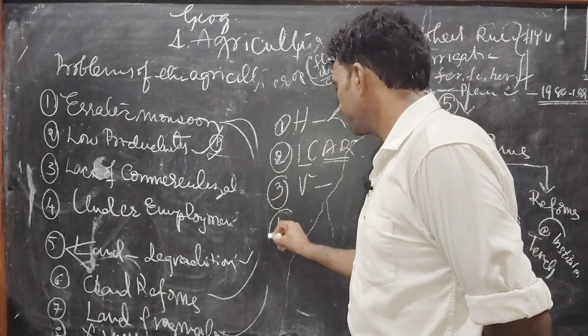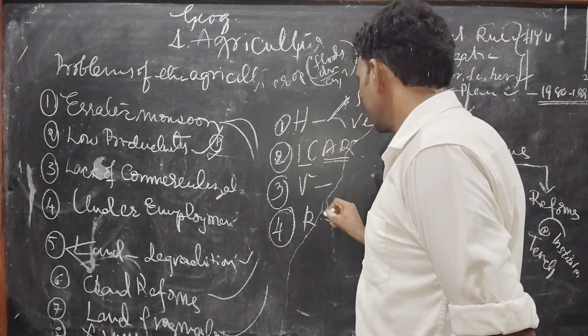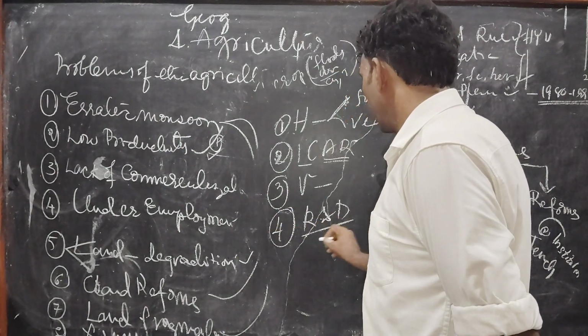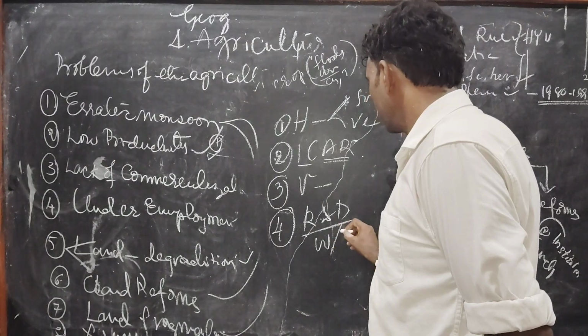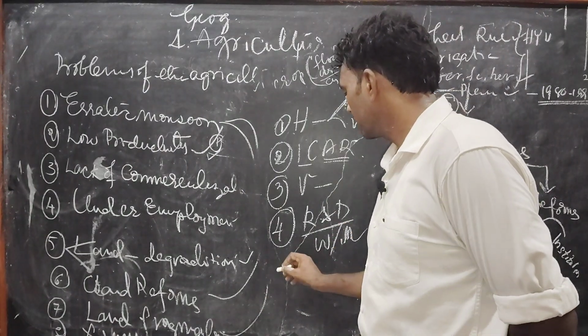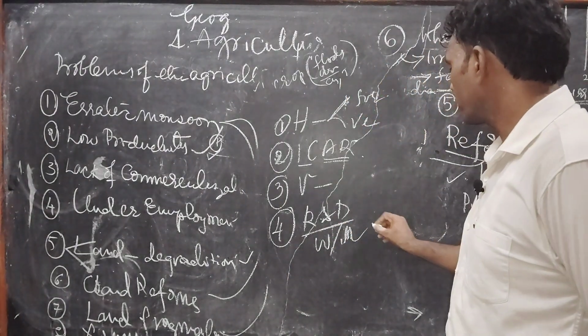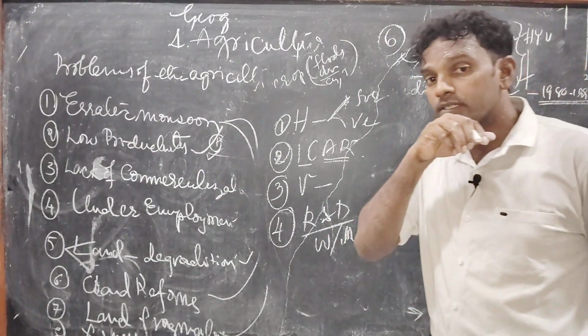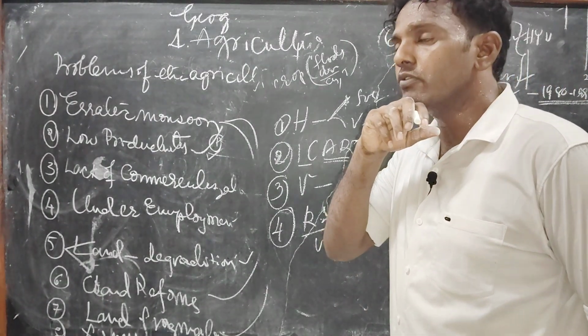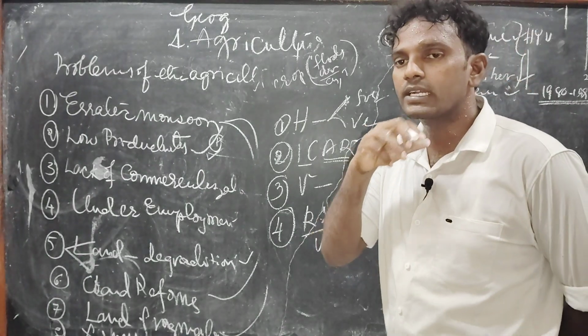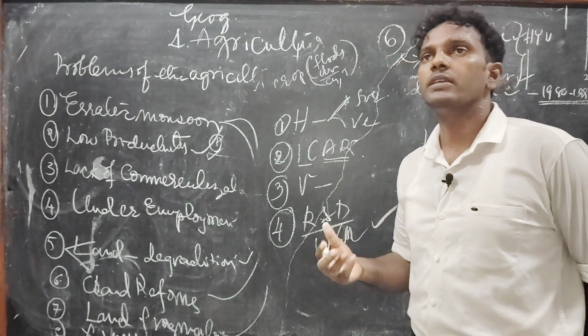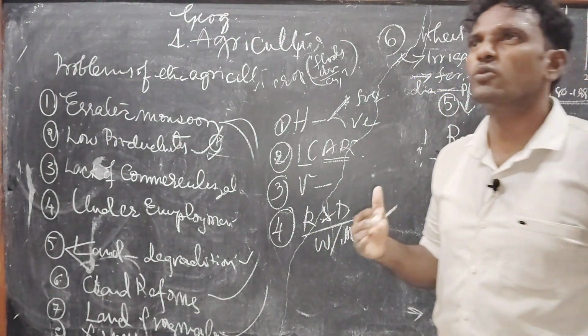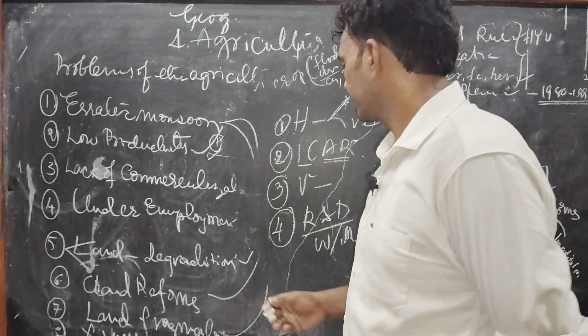And fourth one, research and development in weather forecasting and meteorology. If we provide weather forecasts for the people about cyclones, tsunamis and floods, farmers will get some remedies and try to reduce the loss.